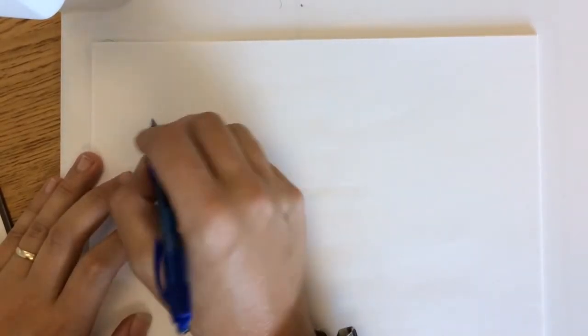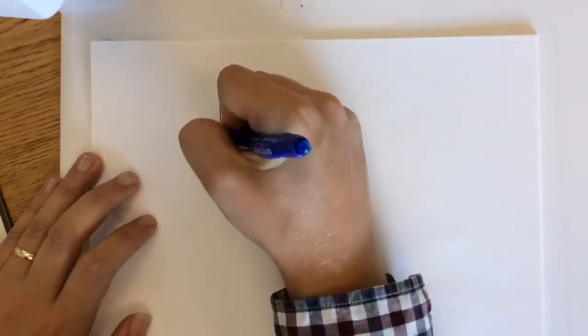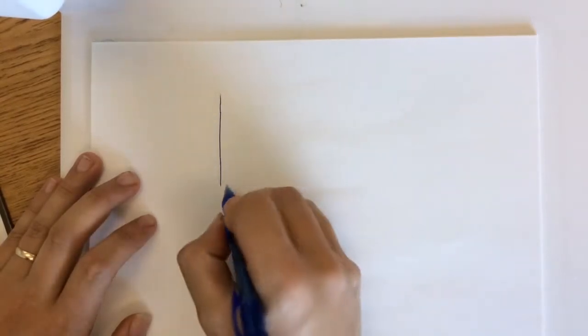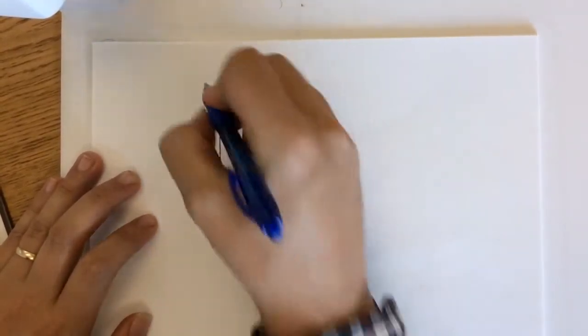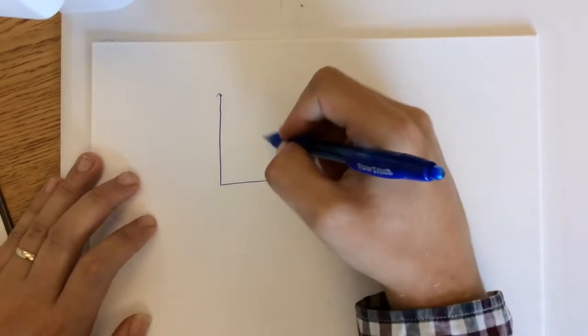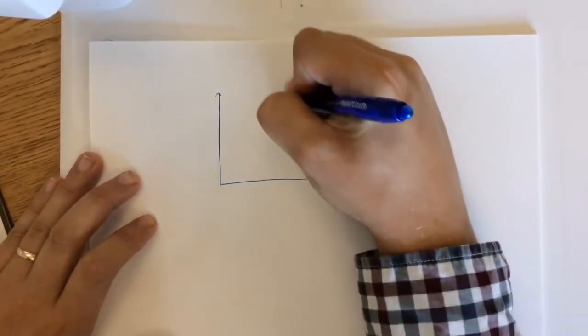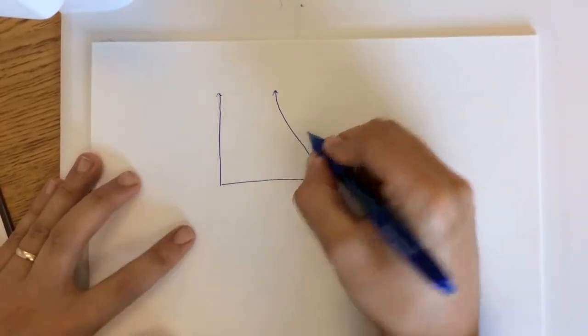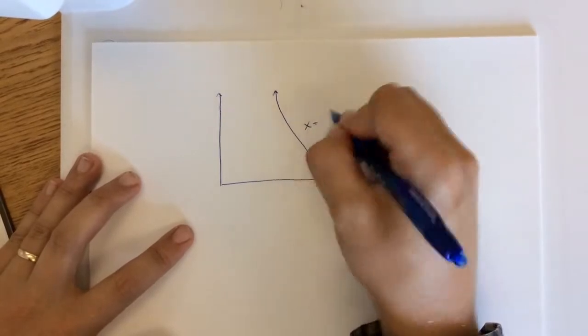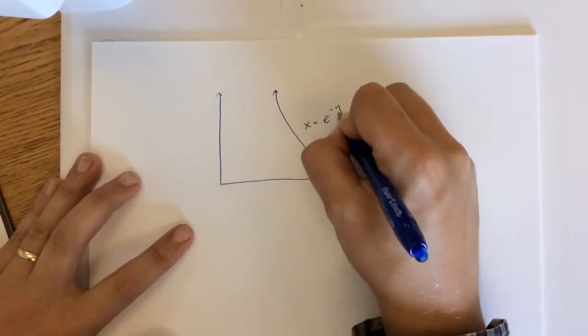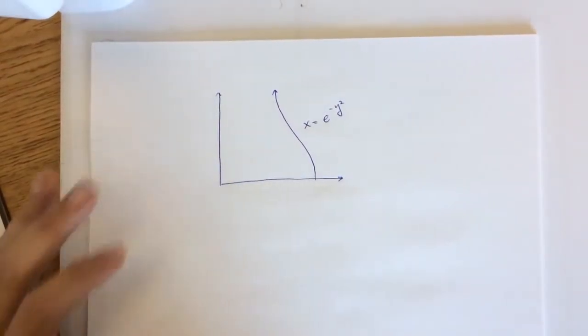Okay, let's do another example. Let's use the function, we're just going to use an explicit function of y, x equals e to the negative y squared.